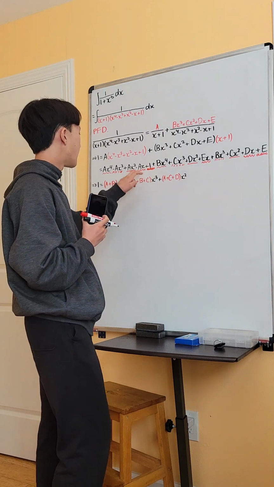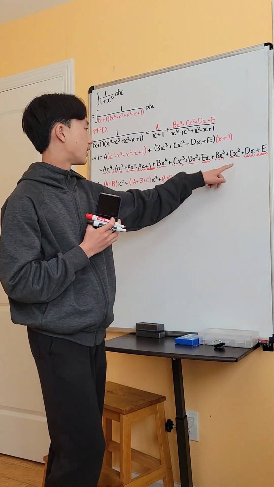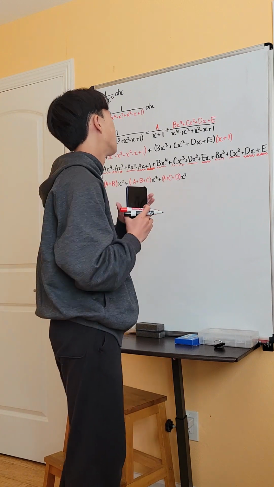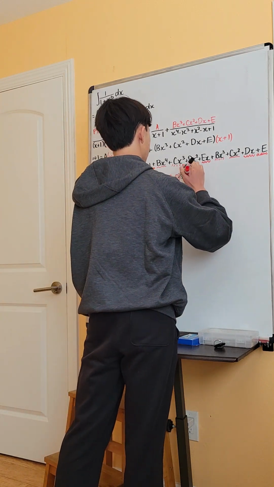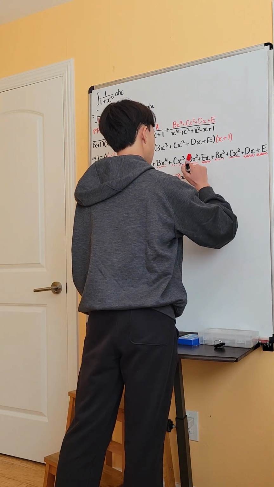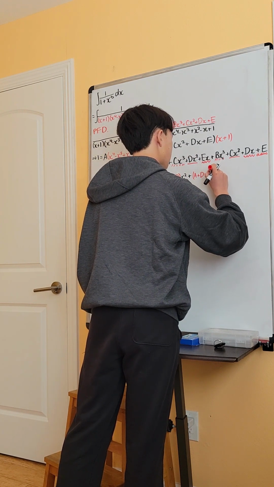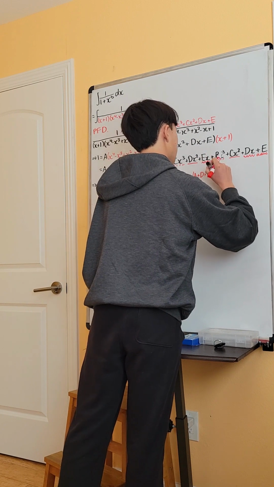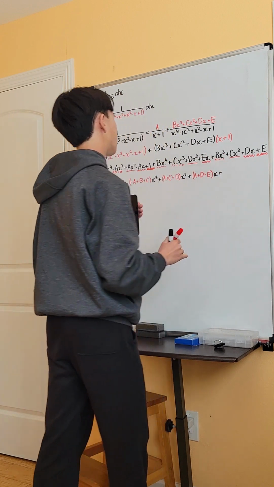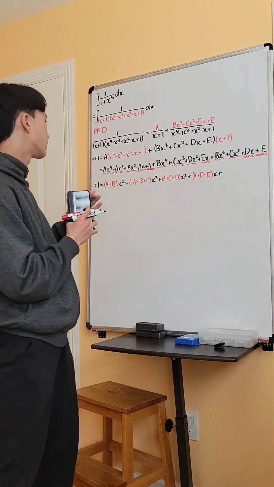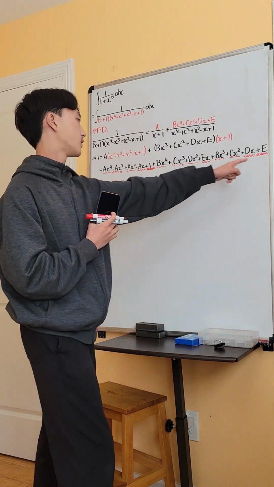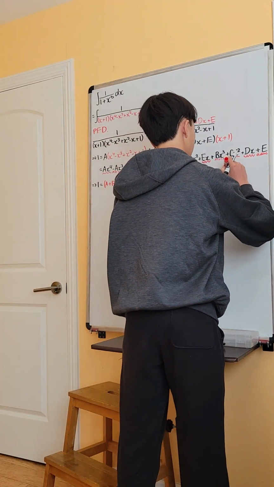So we have a, and we have d, and we have e. So we'll write this as plus a plus d plus e, and then just times x by itself, and then we just group the constant terms, of which we have 2. We have 1 and we have e, so we have e plus 1.